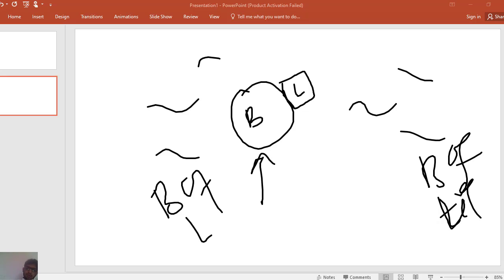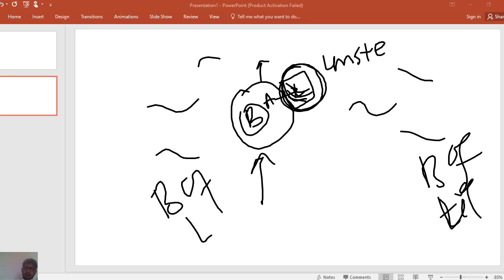The unsteady state mass transfer will occur in this liquid element. Component A is absorbing in the liquid, so the absorption of component A in this liquid element will be unsteady state, just like Fick's second law.